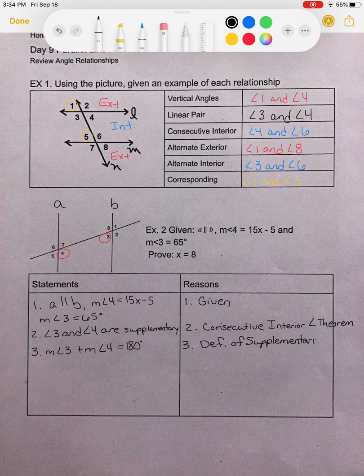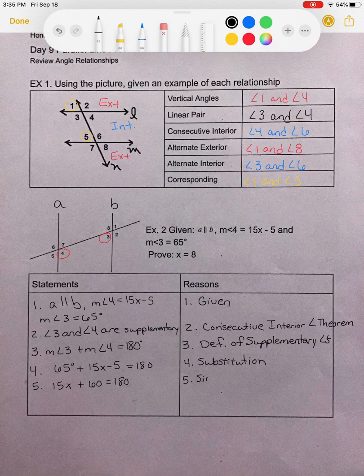Okay, so now we're going to do substitution and put in the information that they gave us. Angle 3 was 65 degrees, plus angle 4 is 15x minus 5 equals 180. That's substitution. Now I'm going to go ahead and combine like terms and get 15x plus 60 equals 180.